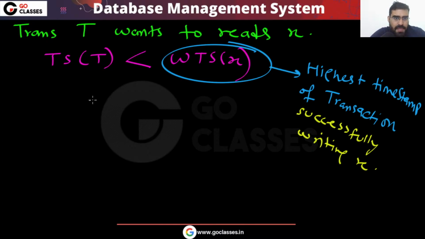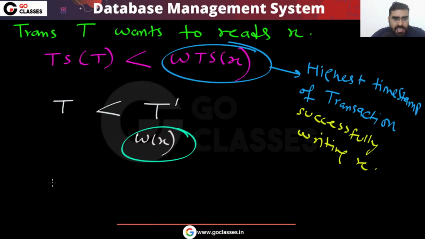What does it mean? It means this is T and there is some bigger transaction who has already written X. Do you agree that there is some bigger transaction who has already written X? Now this T wants to read X. This conflict is not allowed.